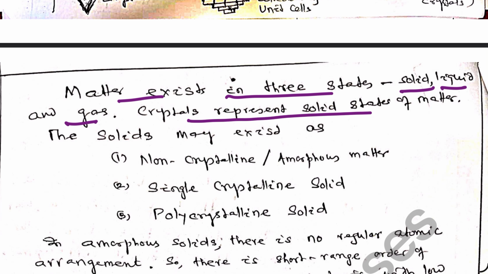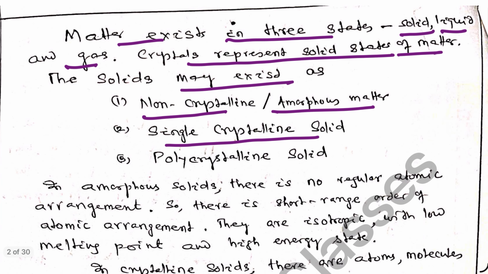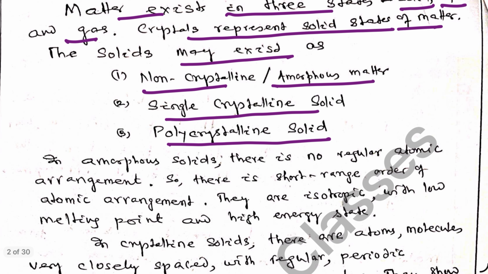And crystals represent the solid state of matter. The solids may exist as non-crystalline or amorphous matter, single crystalline solid, or as polycrystalline solid. So we'll discuss the solid state of matter.